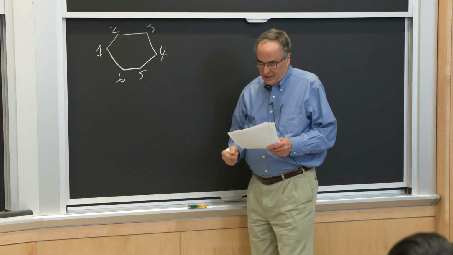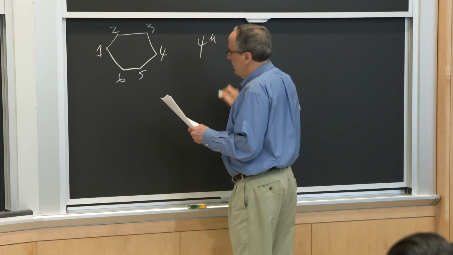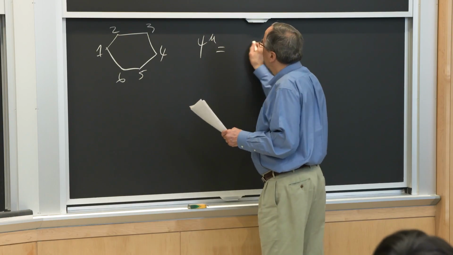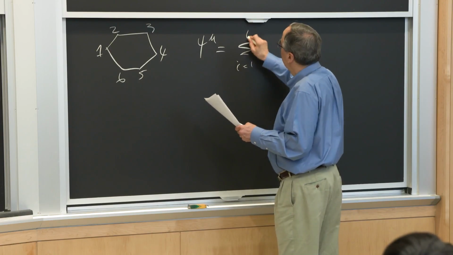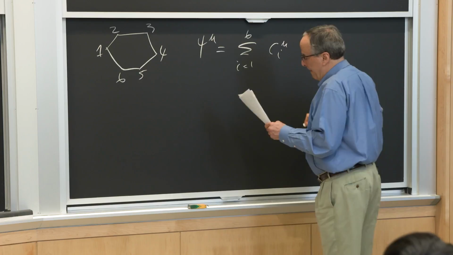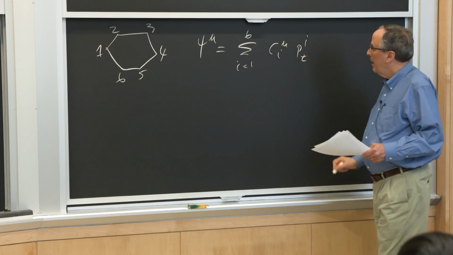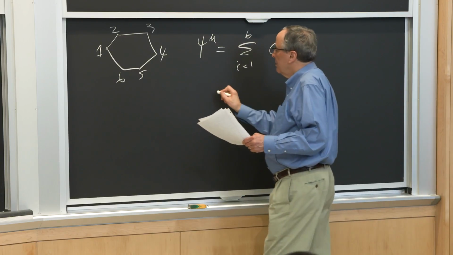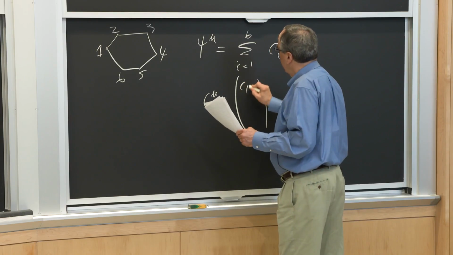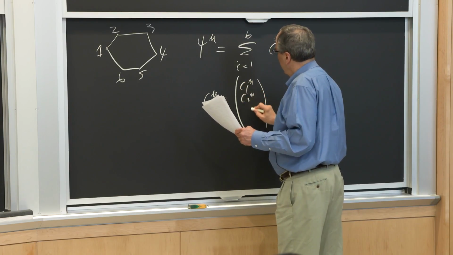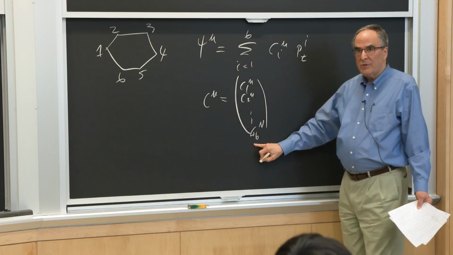We have our symmetric structure, and psi mu is going to be the sum from i equals 1 to 6 of C i mu p z i. And C mu is C1 mu, C2 mu, up to C6 mu. These are the mixing coefficients.